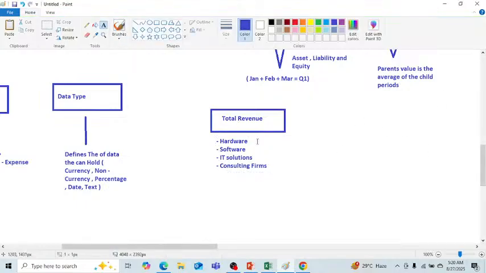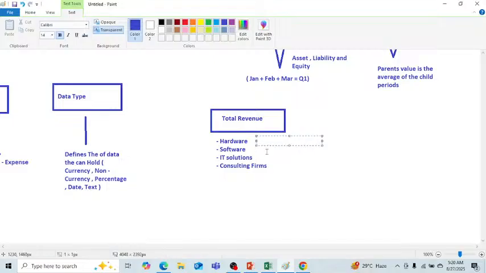Suppose here I have kept hardware at 5,000, and software again 5,000.